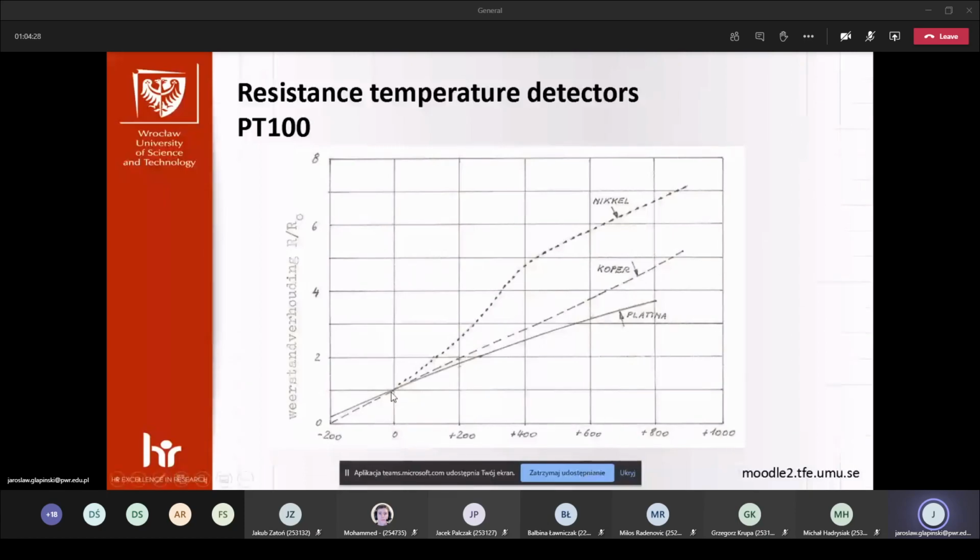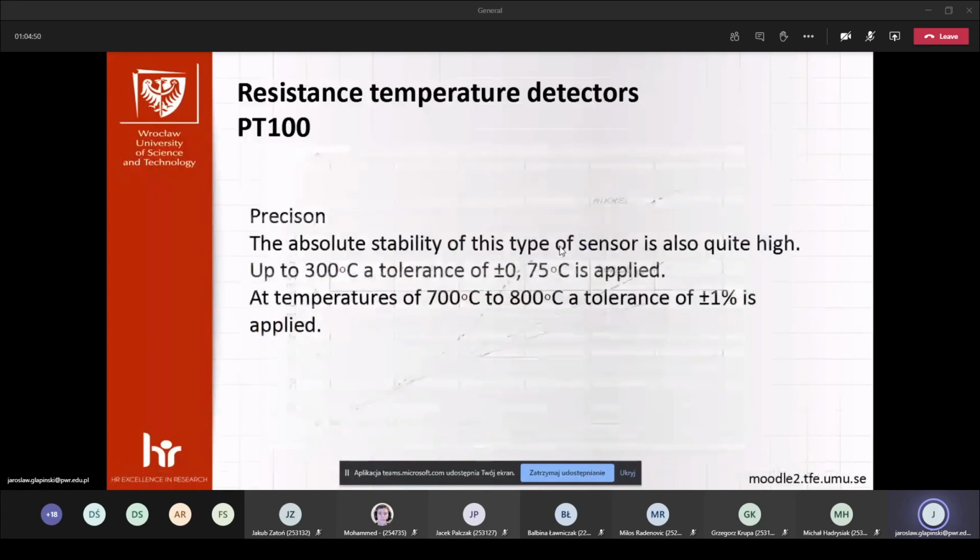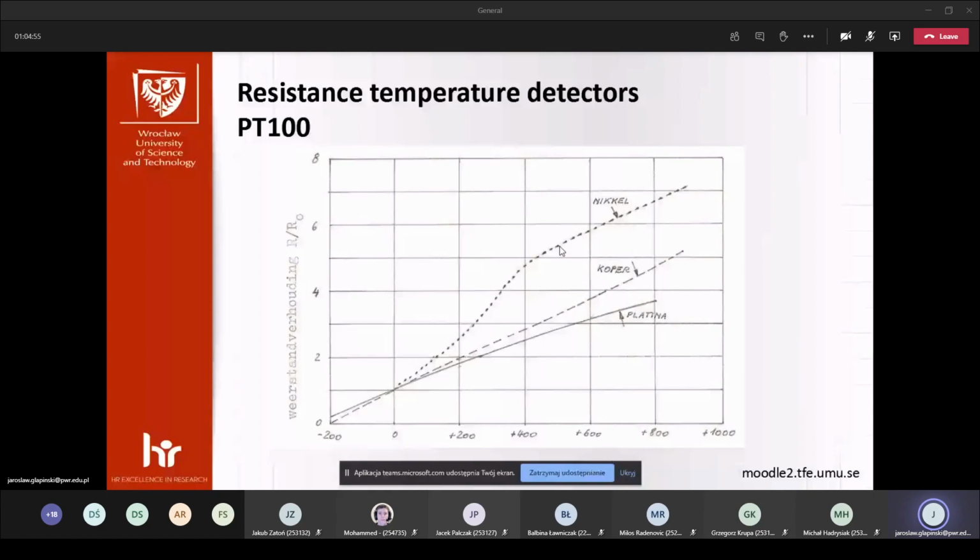So, for example, if we use nickel as a measurement, we can see that we've got some parts that are not linear. So we can use nickel up to, for example, 500, but we can use the copper and the platinum in a wider range of temperature changes.